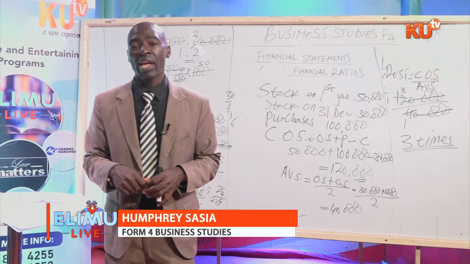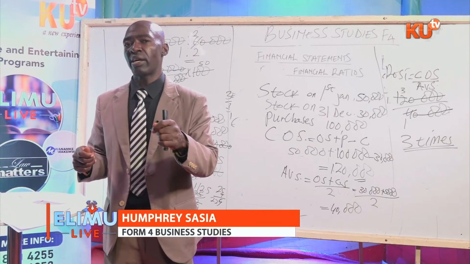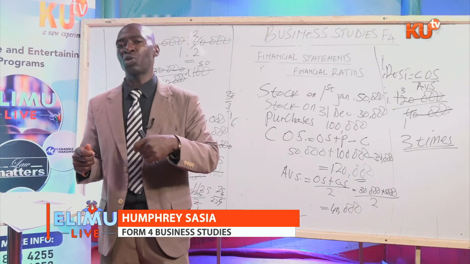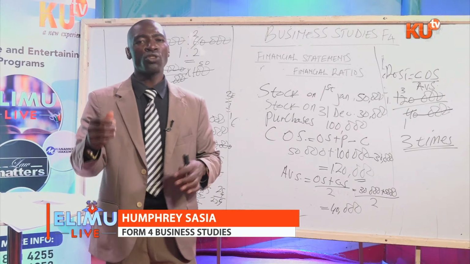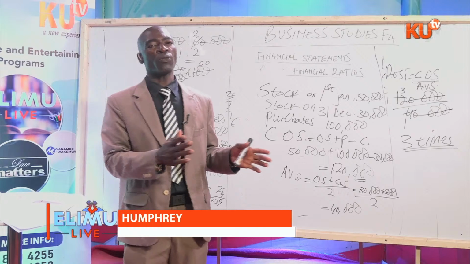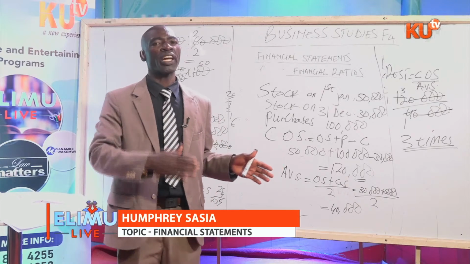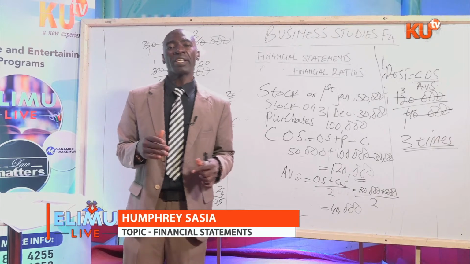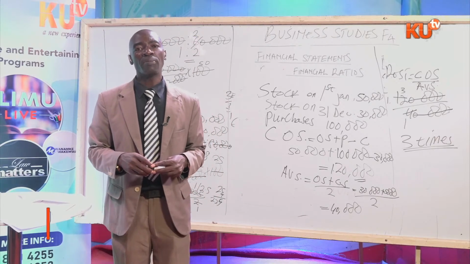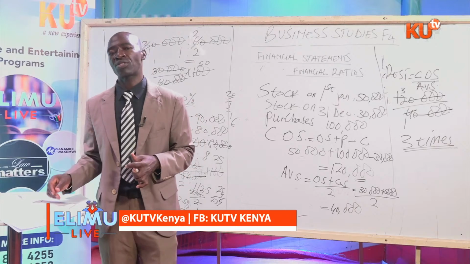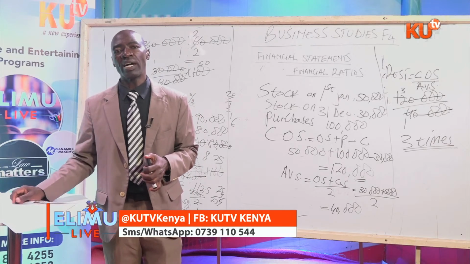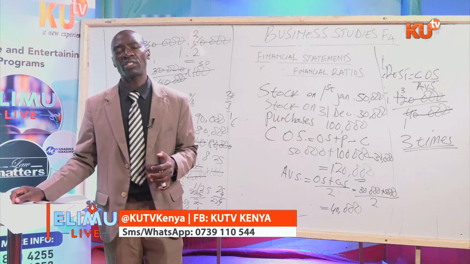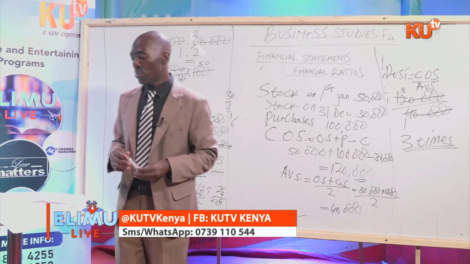If you get the 2 eggs back, you are going to give back 40 shillings. So 40 shillings will not be part of your sales. You subtract, you take away. So returns inwards is subtracted from the sales, and returns outwards is subtracted from the purchases. So that is the difference.